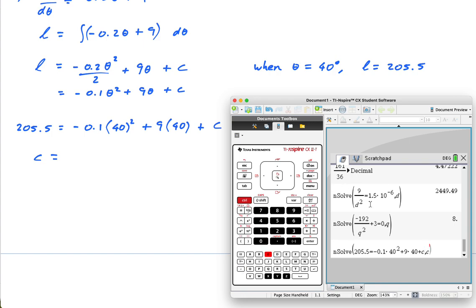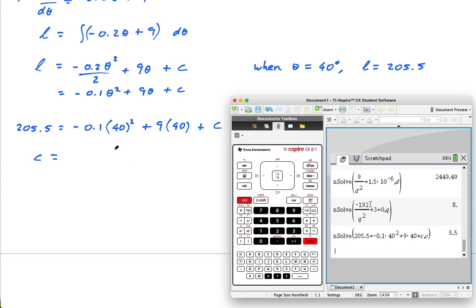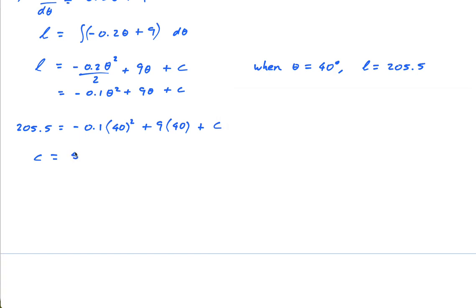So I'm solving that equation for c, and c is 5.5. Therefore, L of theta, this is what he's asking me for, is negative 0.1 theta squared plus 9 times theta plus c, but c is 5.5. And that's the answer.